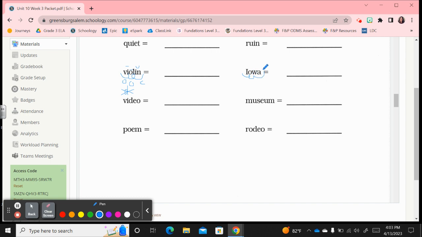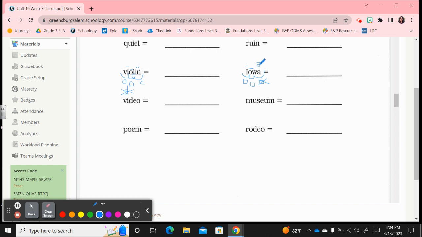Okay, same with this, it's a state name here. Iowa. This is long, open. This is long, open. And that has a schwa. This is an open syllable exception, actually, because that's making the schwa sound, not Iowa. Although some people, I believe, say it that way.